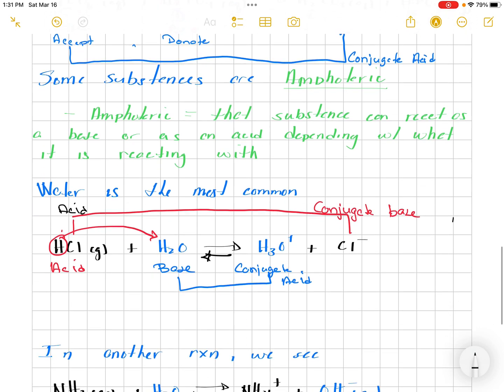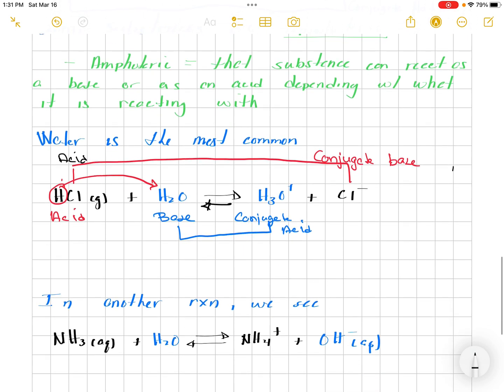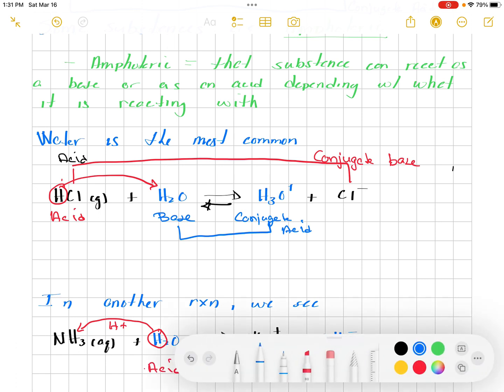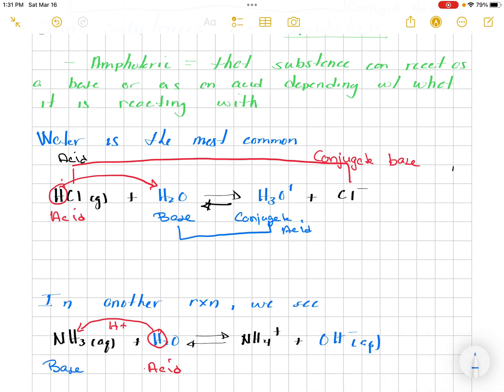Now, if you were to take another reaction and react water with ammonia, for example, in this case, water is going to be the one that donates this hydrogen to ammonia. So in this case, water is actually behaving as an acid, and the ammonia is behaving as the base. Same thing, as this reaction is in equilibrium.